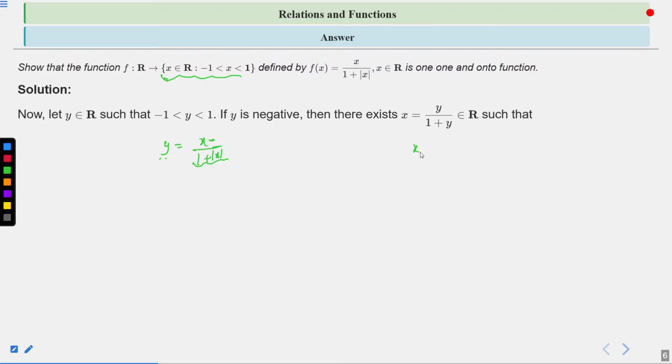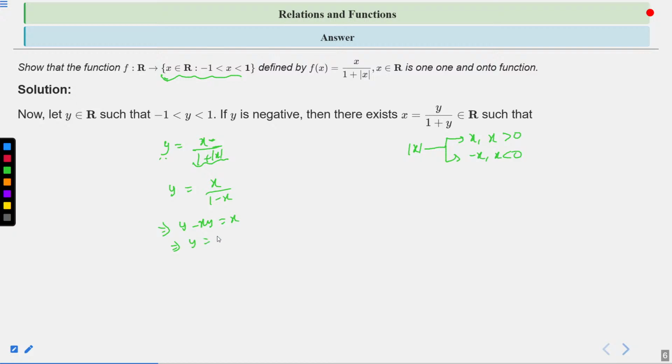So when x is negative, the absolute value of x is x when x is greater than 0 and negative x when x is less than 0. Got it? So if x is negative, then it can be written as y is equal to x upon 1 minus x, right? And when we solve this by cross multiplication, y minus xy is equal to x, right?